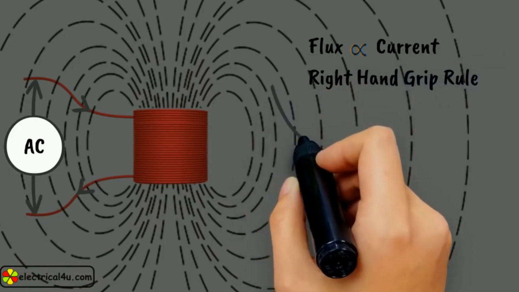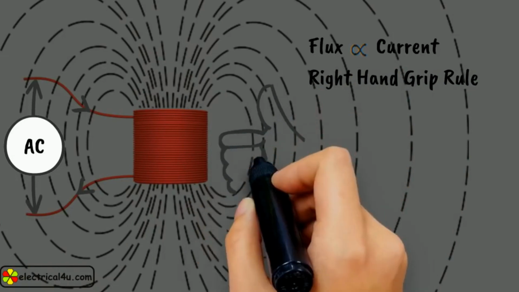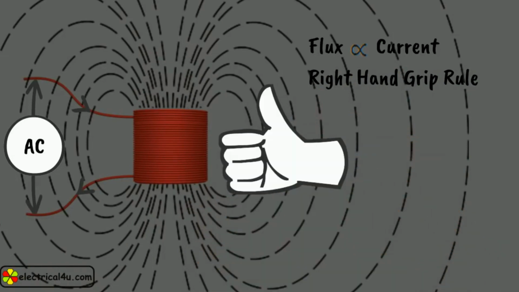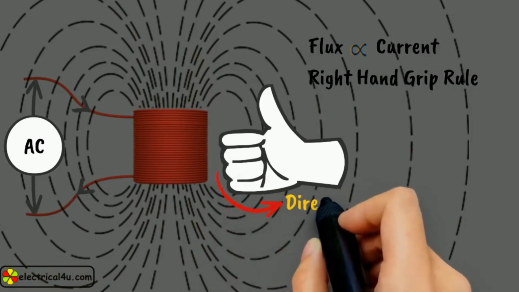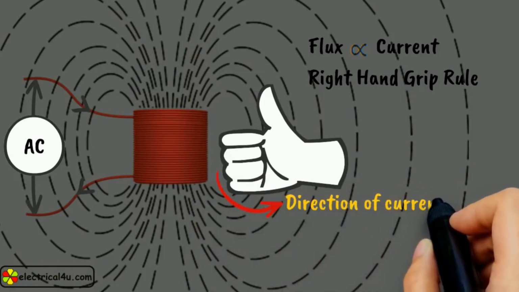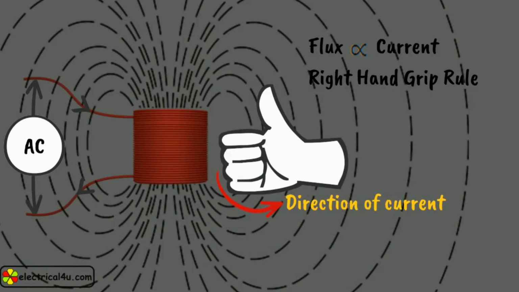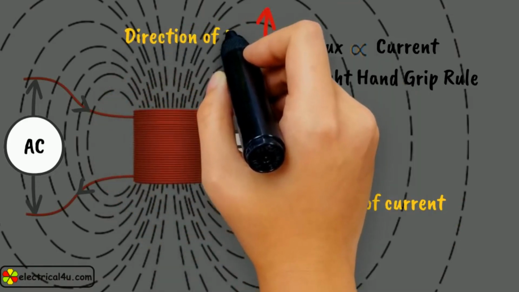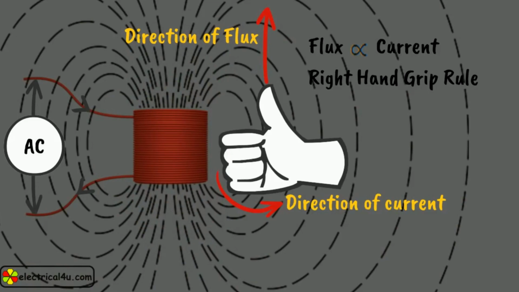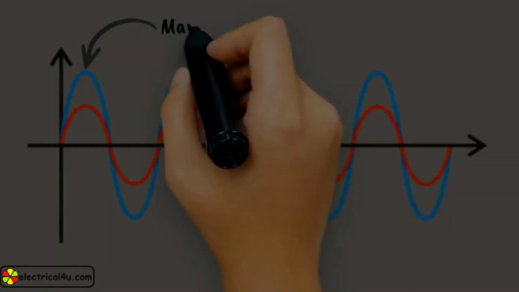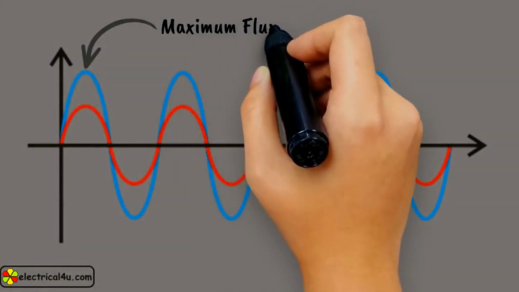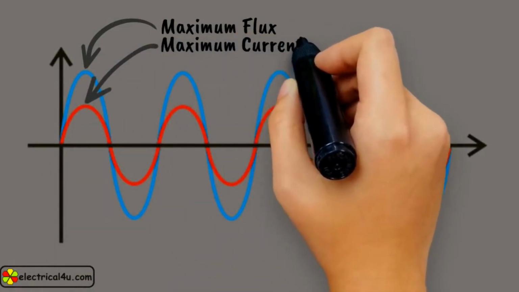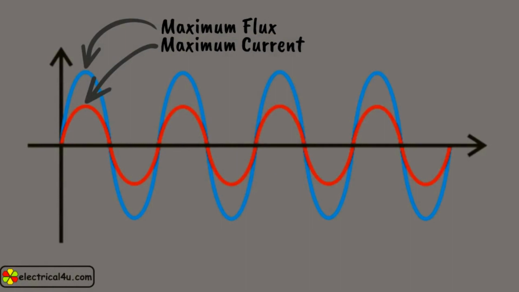This rule states that when we grip our right hand, stretching the thumb along the axis of the coil or winding and the other four fingers along the direction of current in the coil, then the thumb indicates the direction of produced flux inside the coil along the axis. This flux becomes maximum in magnitude when current reaches its maxima for half cycle of the alternating current wave.